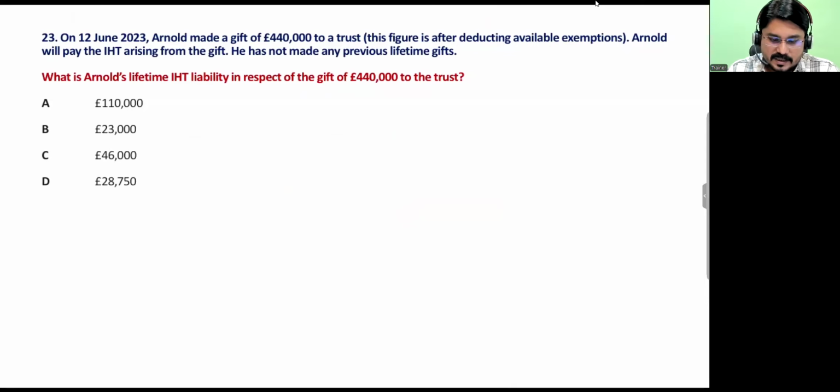For IHT purposes, whenever we talk about lifetime transfers, there could be two kinds.